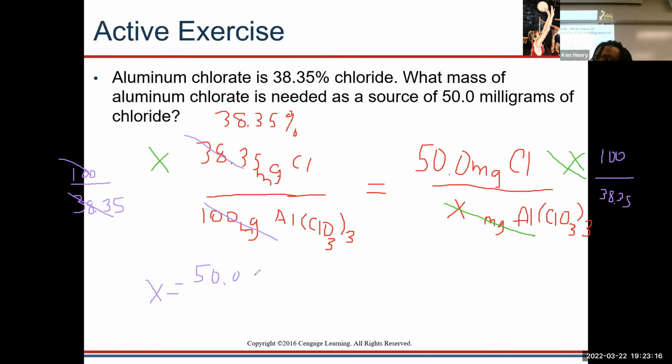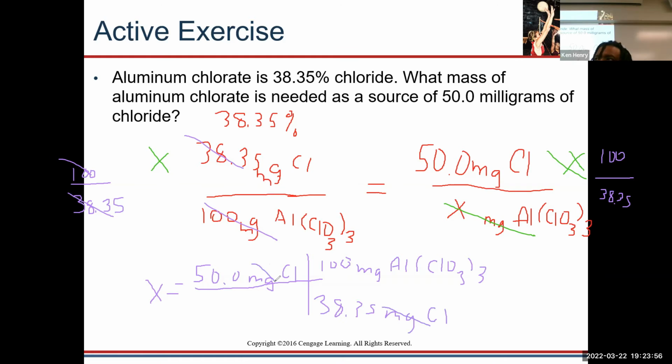50 milligrams of Cl times 100 grams of AlClO3 divided by 38.35 milligrams of Cl.